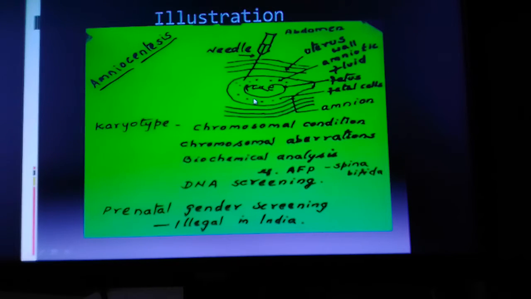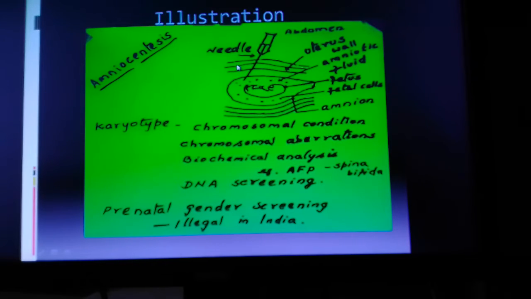And actually this fetus may be floating in the amniotic fluid, which would be a shock absorber and would keep the fetus safe from the injuries caused due to the movement of the mother.